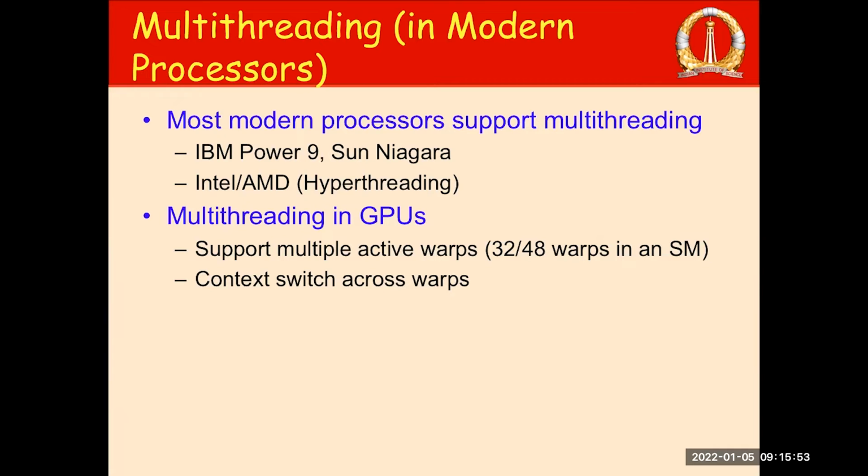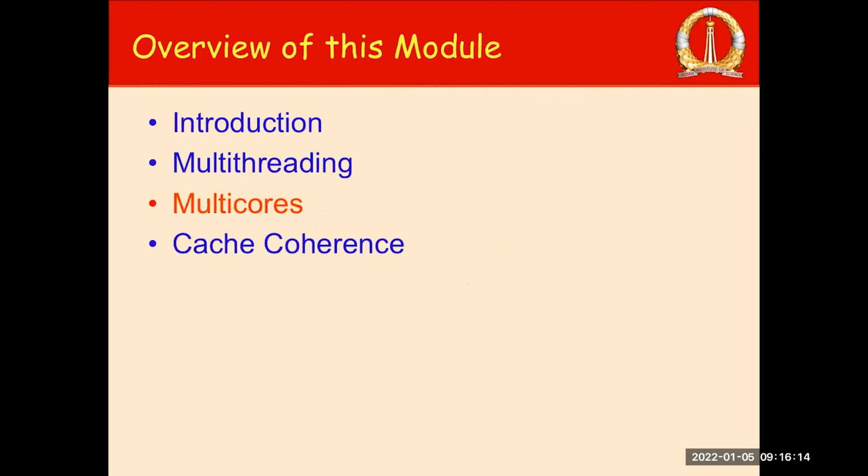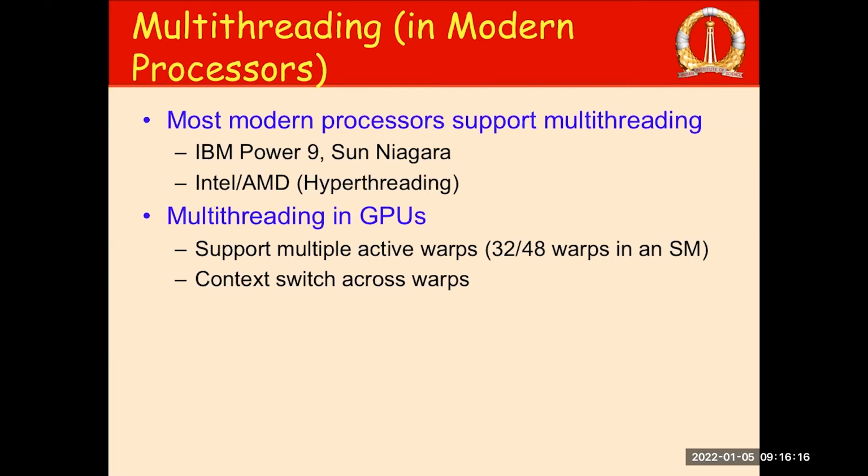In fact, the idea is multi-threading there. When instructions from one warp suffer some kind of long latency operation, the warp scheduler can switch from one warp to another warp and start executing instructions from another warp, which is nothing but a group of threads. Okay, so that essentially summarizes the multi-threaded architectures and where they are in today's context.